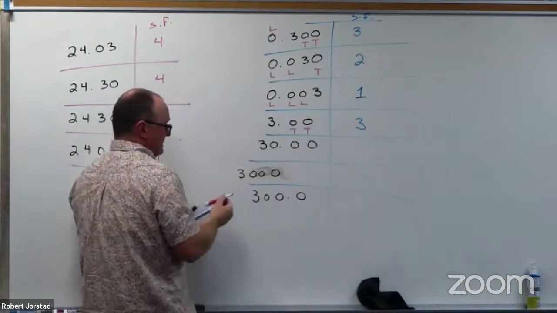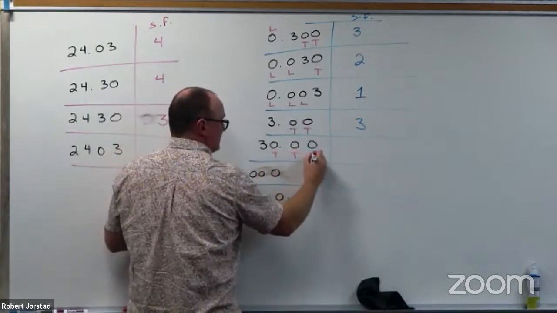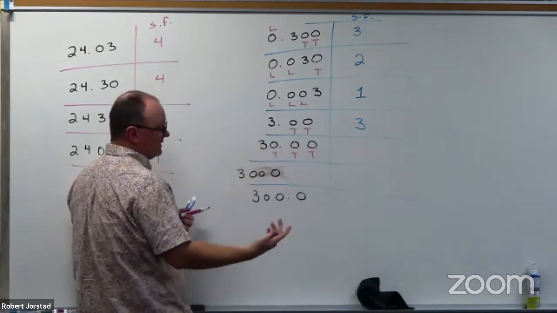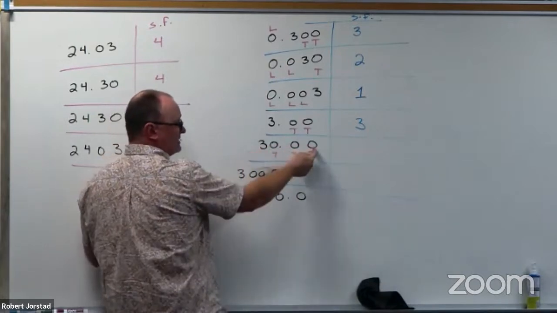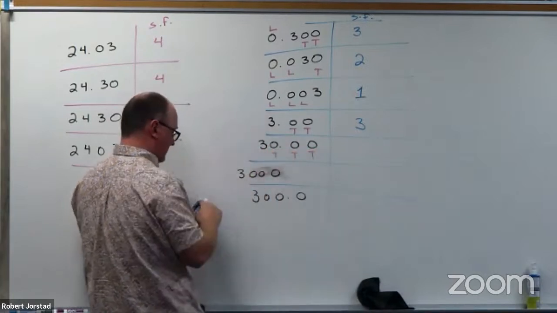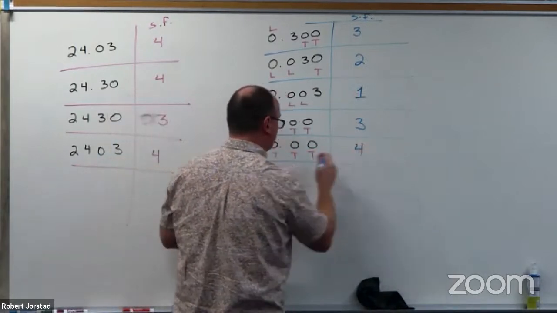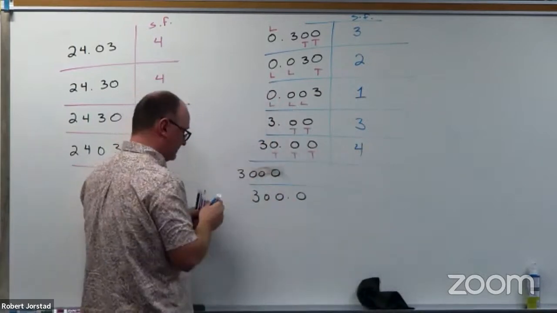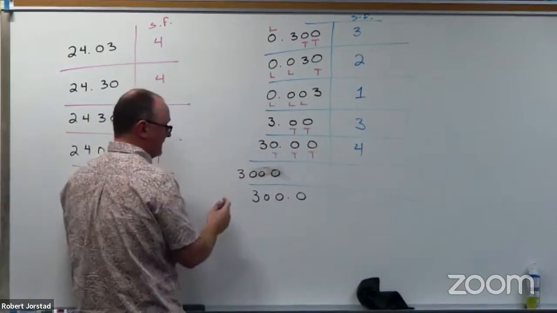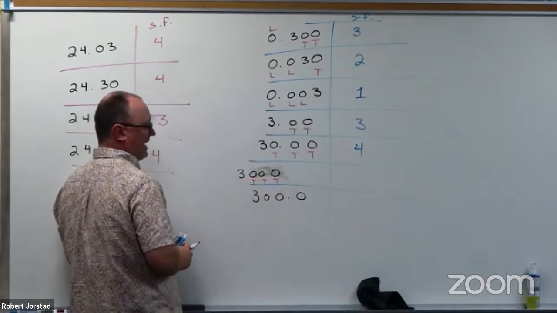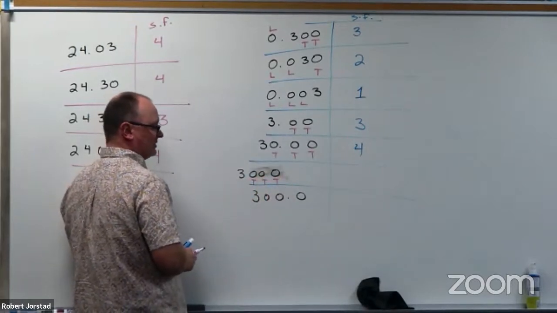Trailing, at least one to the right, not all of them, but at least one is, right? That means this is significant and this is between, all right, so there we go. That's 4. 1, 2, 3, 4. This one, this is trailing, trailing, trailing, but none of them are to the right of the decimal.